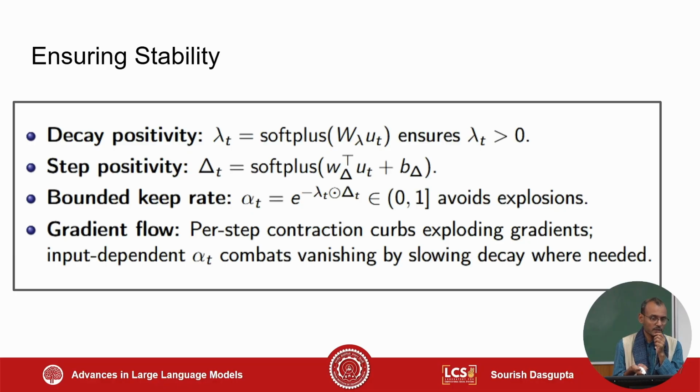So step positivity, because your delta t will always be positive, that is fine. It's bounded because your alpha, which is the forget gate, is always between 0 and 1, so it avoids the explosion. And there is a nice gradient flow. Your per step contraction curbs exploding gradients, right? Because of that alpha t.